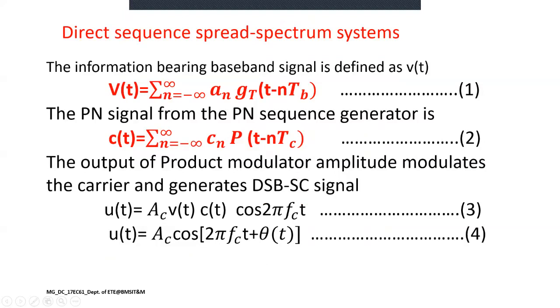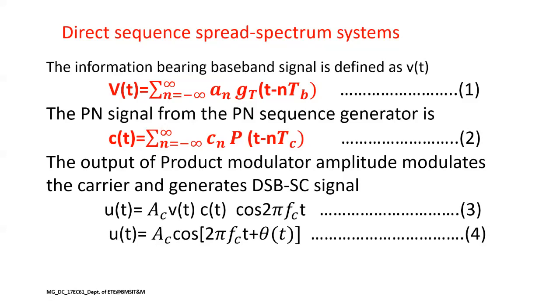So these two are multiplied: the information bearing signal and the pseudo noise code signal. If I denote the output as u(t), then v(t) c(t) is the modulated signal, I can say.